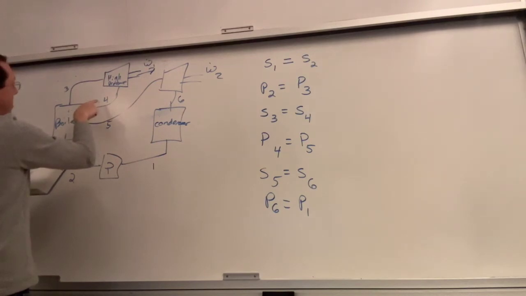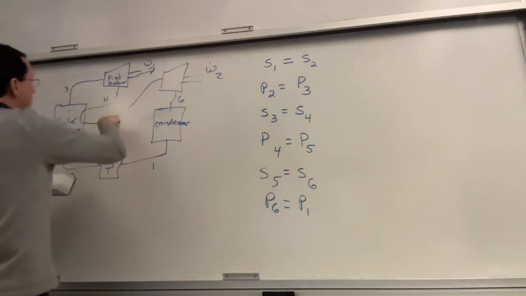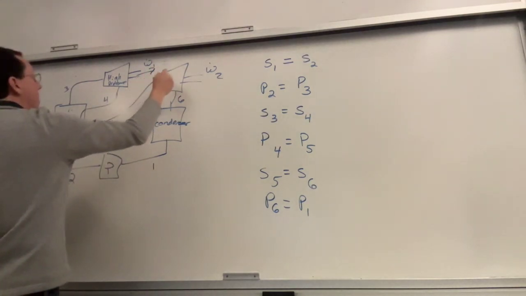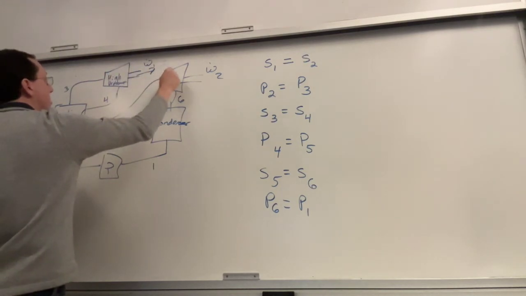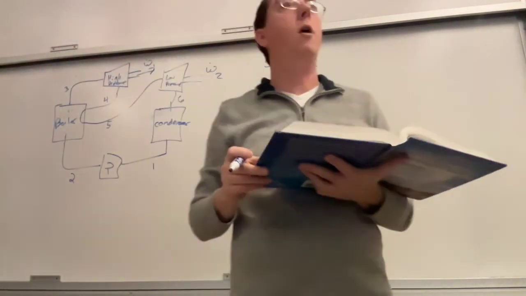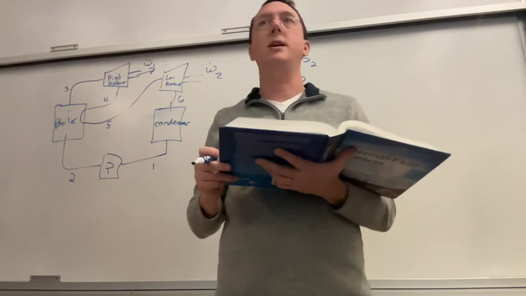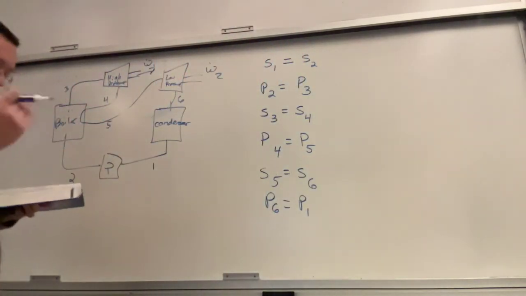So the pressure between 2 and 3 is going to be different than the pressure between 4 and 5. So we have a high pressure turbine and a low pressure turbine. Incidentally, that's also why you get less and less work out each time, because you have less pressure difference to work with.